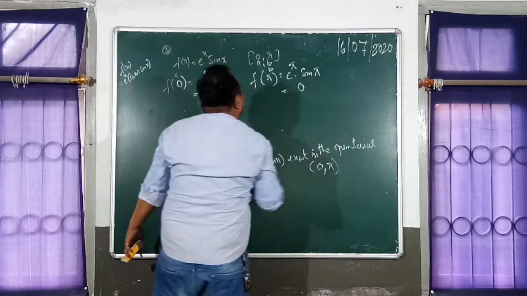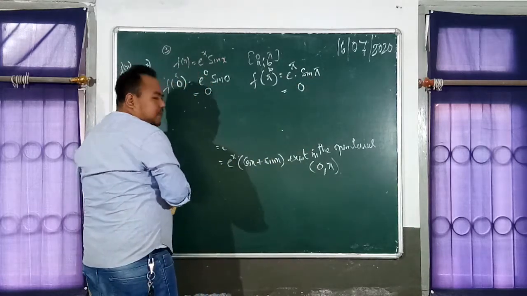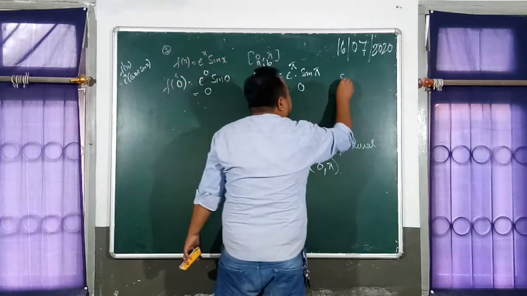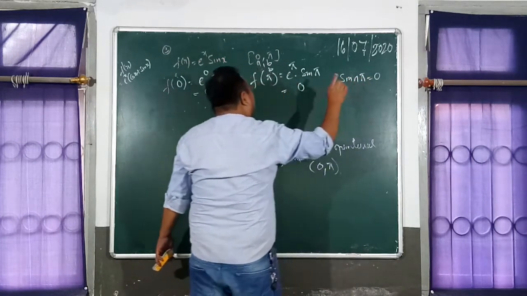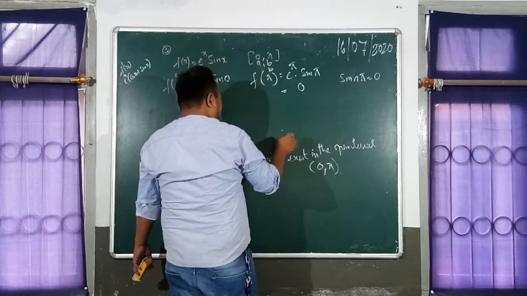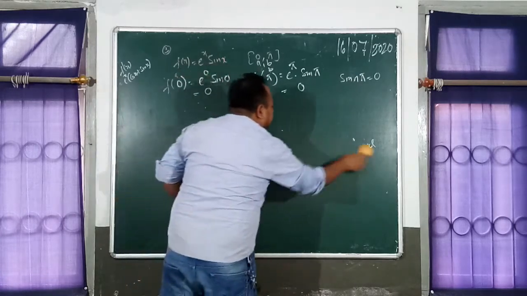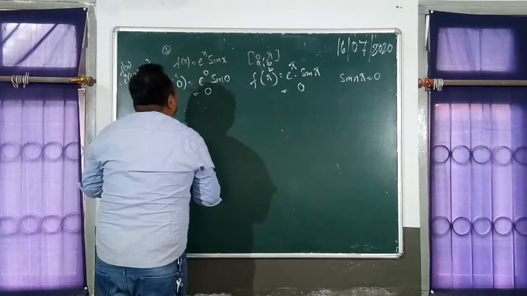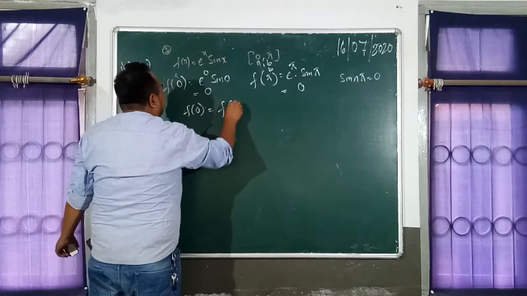So sin pi is 0, and 0 into e to the pi is also 0. Please keep in mind that sin n pi is always 0. That means 2 pi, 3 pi, 4 pi, 5 pi, 6 pi, everything is 0. So you showed that f of a is equal to f of b.